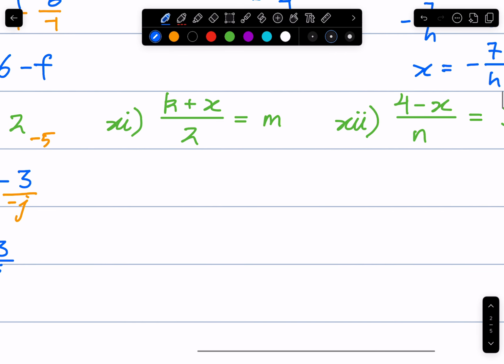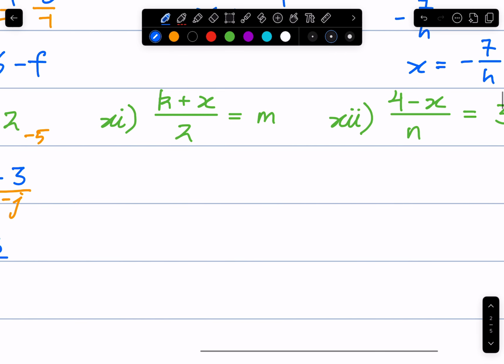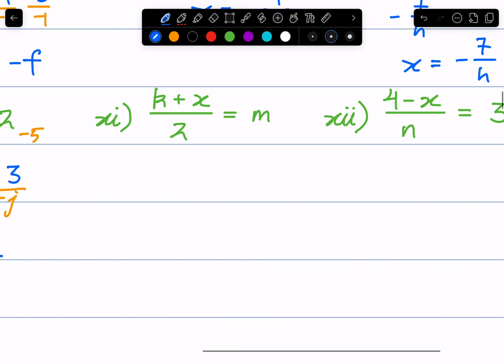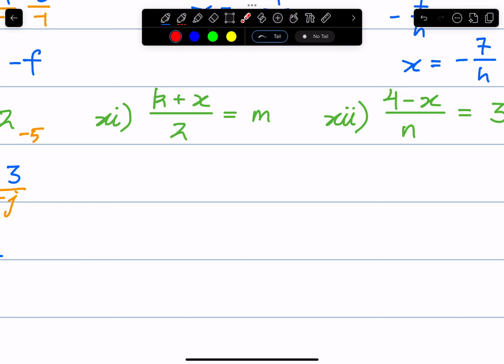Okay, so let's move on to this. And notice how with these, the order is slightly different. So now we actually can't do minus k because that k is inside the group. We need to remove this group first. So this big fraction of 2, we multiply by 2 on both sides.